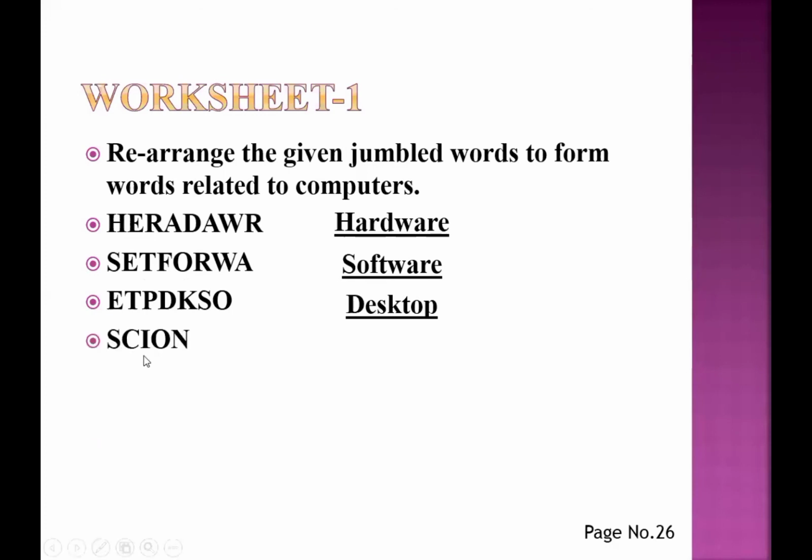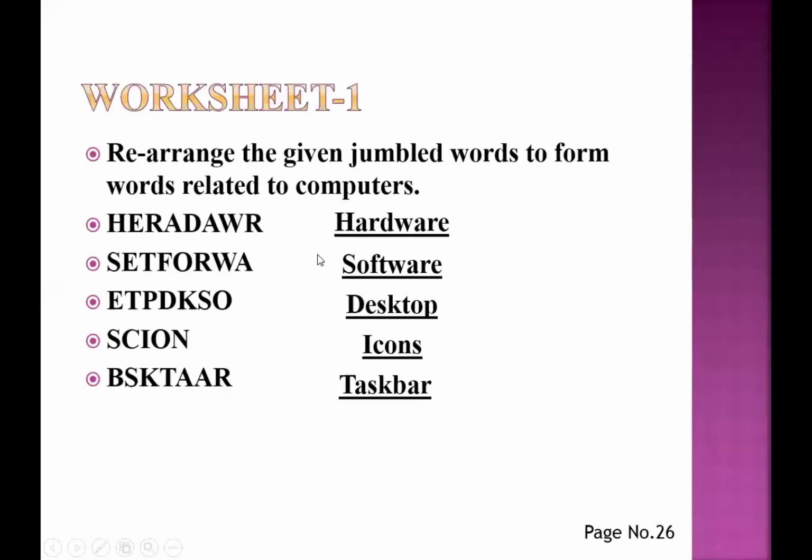Next one, which word is this? This word is icons. And this is the taskbar. So the first word is hardware, the second is software, the third is desktop, the fourth is icon, and the fifth is taskbar.